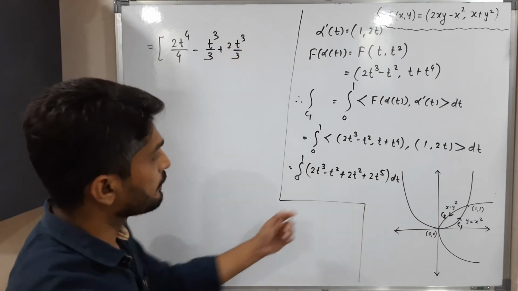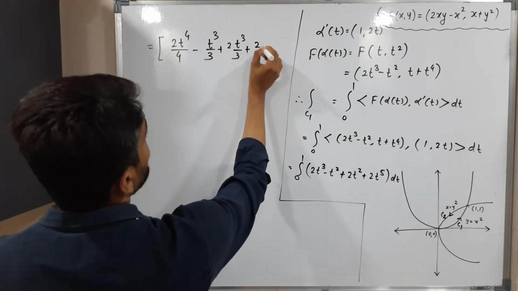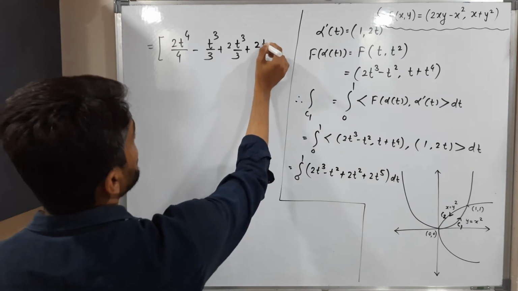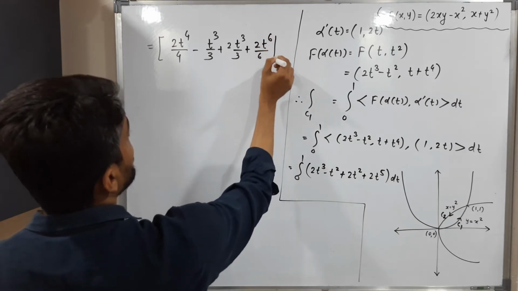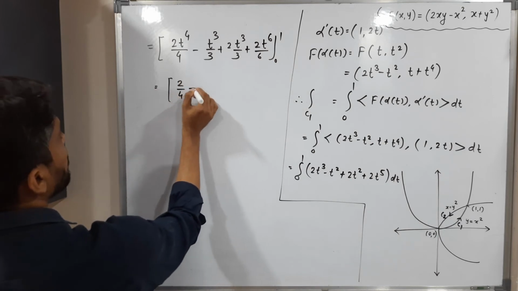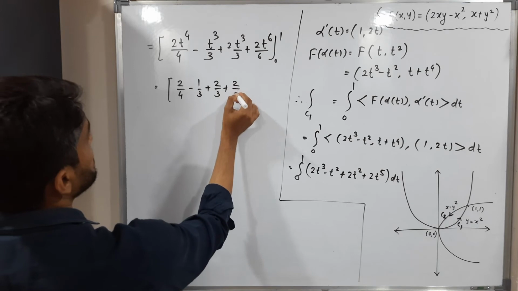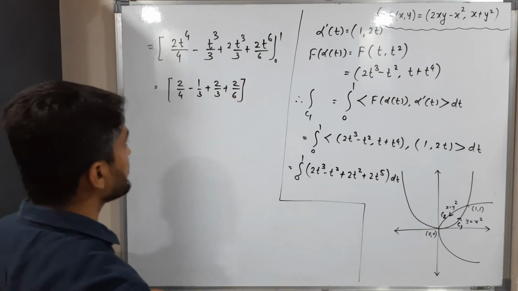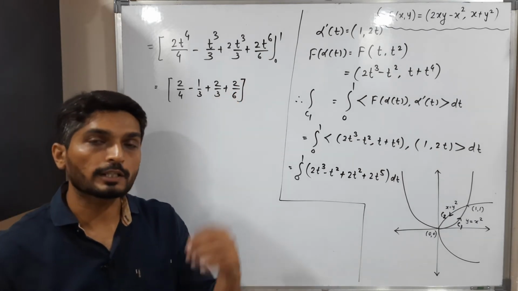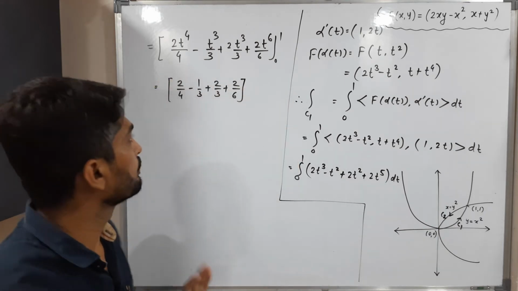Plus 2 times the integration of t raised to 5, which is t raised to 6 by 6, from 0 to 1. So let us put 1: 2 by 4 minus 1 by 3 plus 2 by 3 plus 2 by 6. It's very easy, since if you put 1, 1 raised to anything is 1. If you put 0, all terms will be 0.